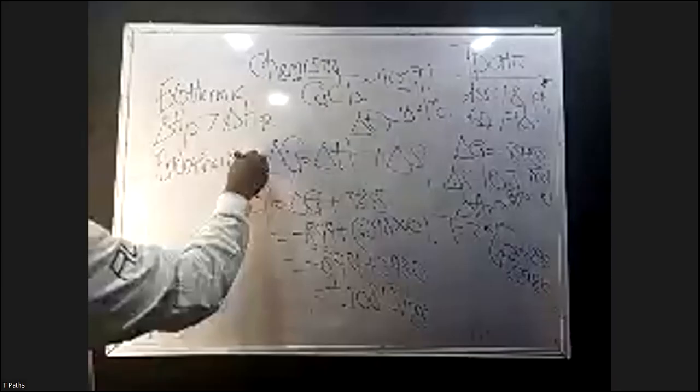So from that question, they said that from the equation above, it can be deduced that the heat content of the reactant is lower than that of the product. That is correct, because it is an exothermic reaction.